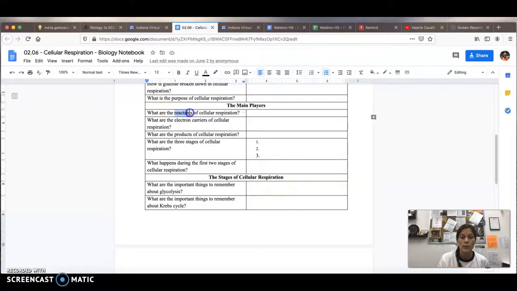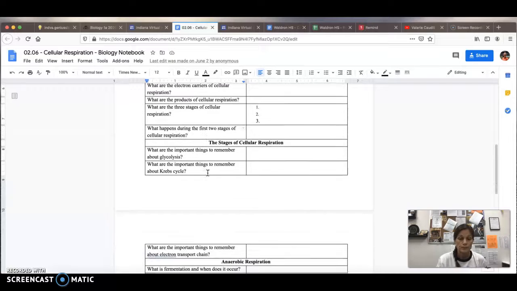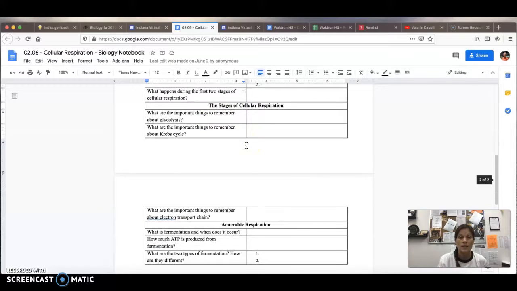We're going to look at the reactants. We're going to look at something called the electron carriers, the products, the stages of cellular respiration, and then what happens during the first two stages of cellular respiration specifically. Okay, and then the stages themselves: glycolysis, the Krebs cycle, and the electron transport chain.